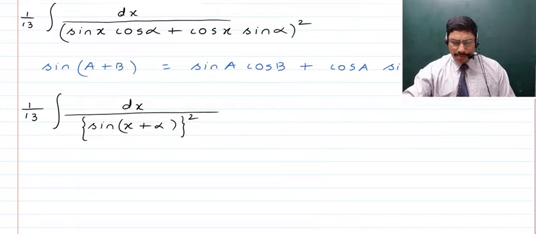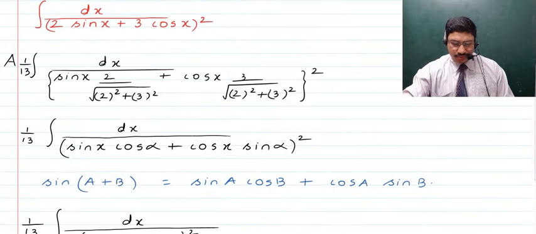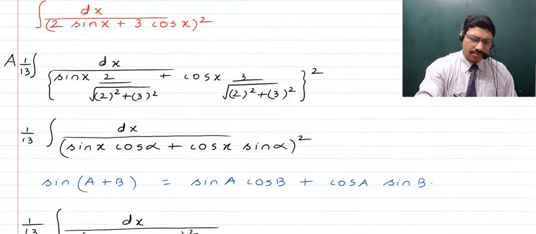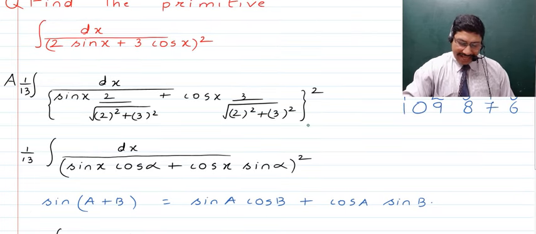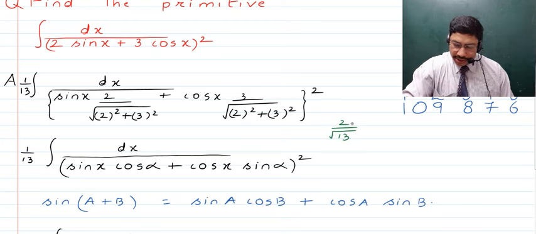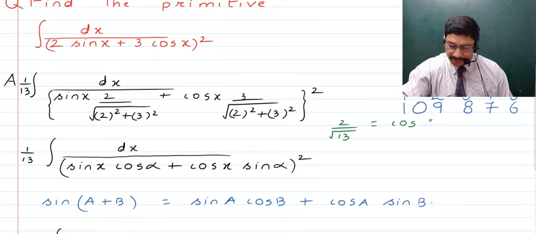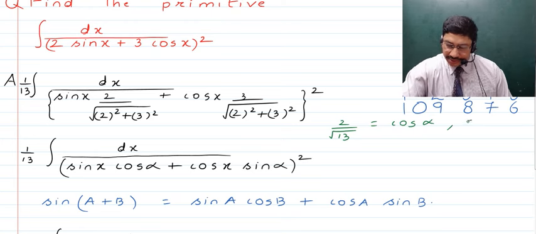Now children, what about alpha? Now let's quickly look up what we can do about alpha. Just see that we considered that 2 upon root 13 was cos alpha, and we considered 3 upon root 13 to be sin alpha.